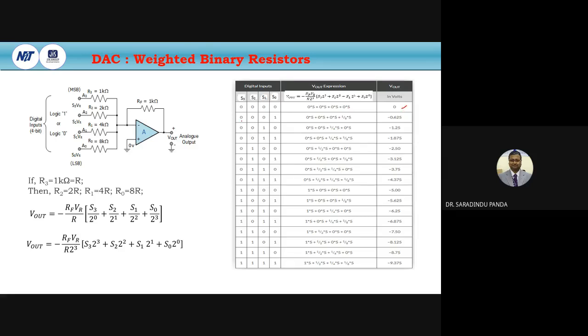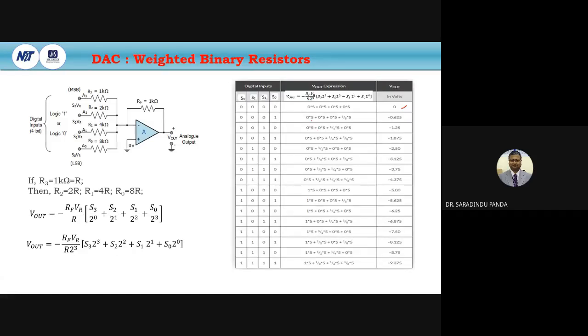If we put S3 equal to 0, S2 0, S1 0 and S0 1, then we only get 1 by 2 to the power of 3, that means 1 by 8. RF by R is equal to 1. VR is equal to 5 volt for digital electronics.